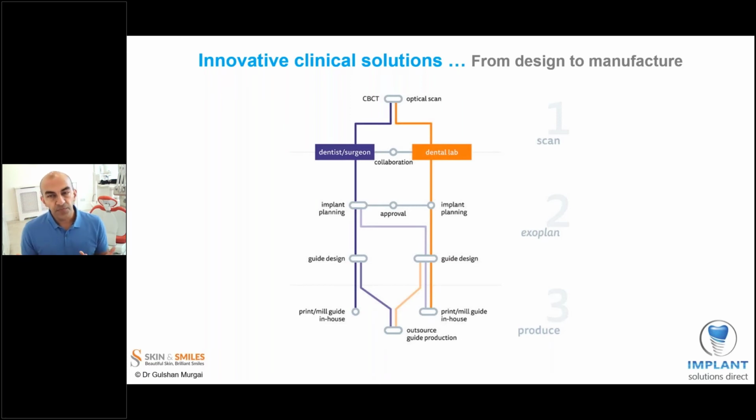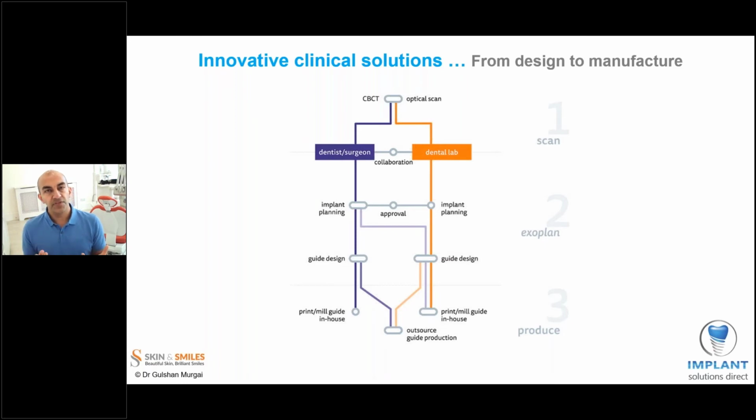So once there is approval from the implant planning stage, that goes forward so that the guide can be designed. Once the guide is designed, there has to be some decision as to whether that guide is going to be for pilot drilling or whether it's going to be for fully guided. And of course, there'll be some collaboration with the lab to actually say, this is what level of surgery I would like to do with this guide.